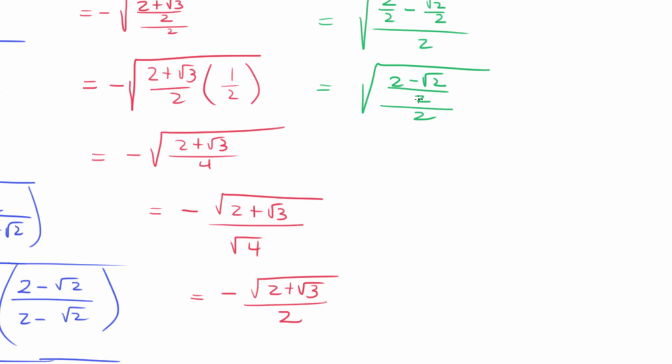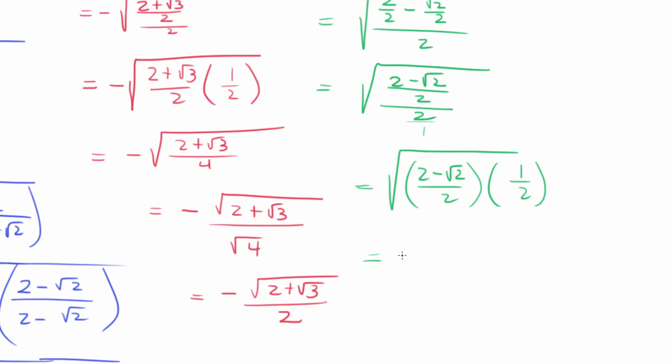Again, do not be tempted to say that that's equal to 1 because it's not. You have a fraction over a number. We multiply by the reciprocal, which is 1 over 2. So now we multiply across. So you're left with 2 minus radical 2 over 4.